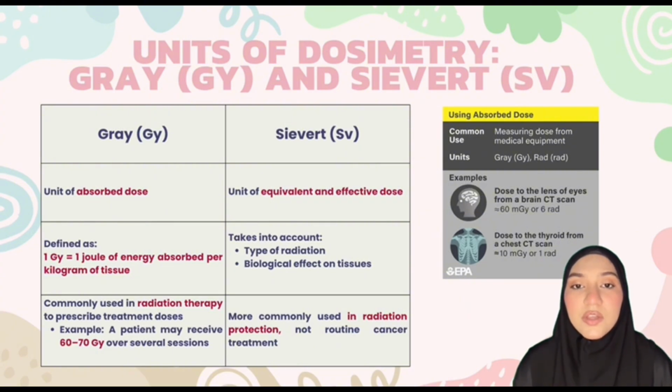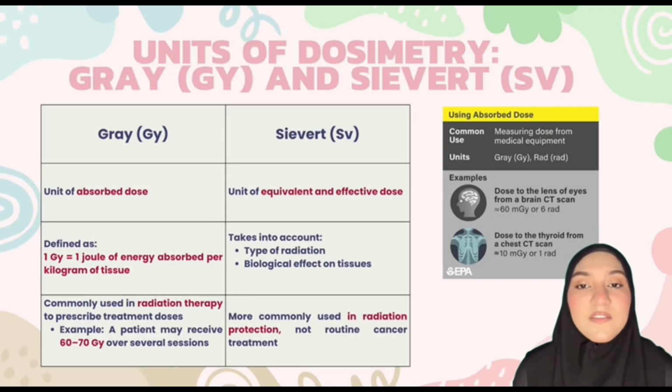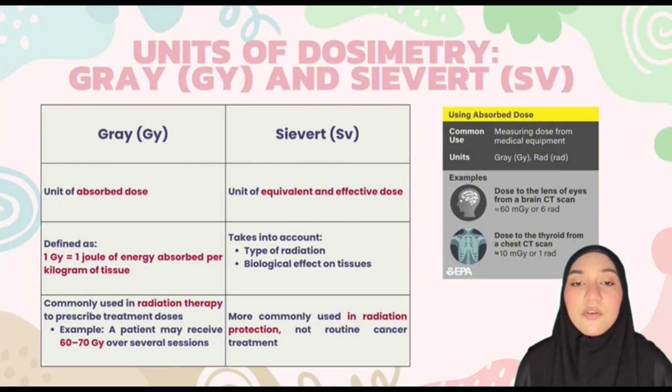Another unit, the sievert, is used to measure equivalent and effective dose by considering the biological effect of different types of radiation on tissues. However, the sievert is mainly applied in radiation protection and safety rather than in routine cancer treatment. Therefore, in radiation therapy, the gray is the most important dosimetry unit.